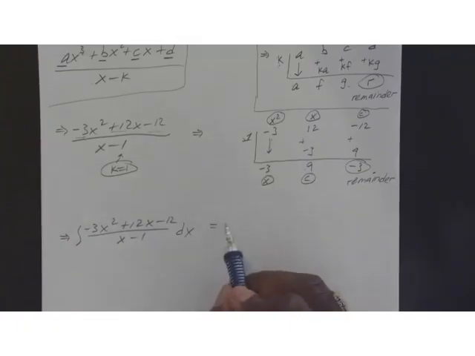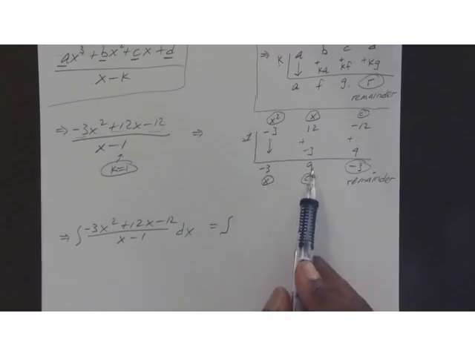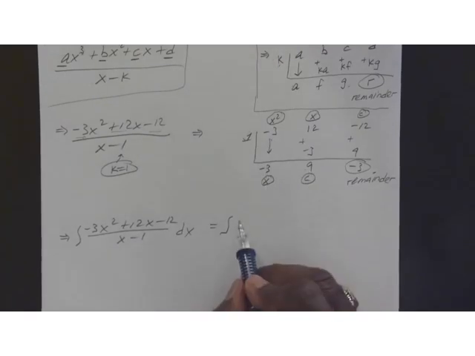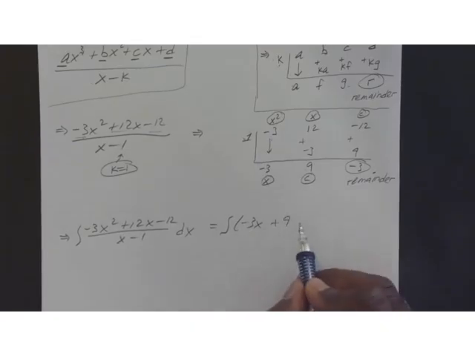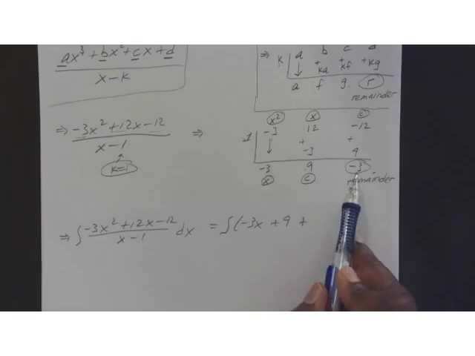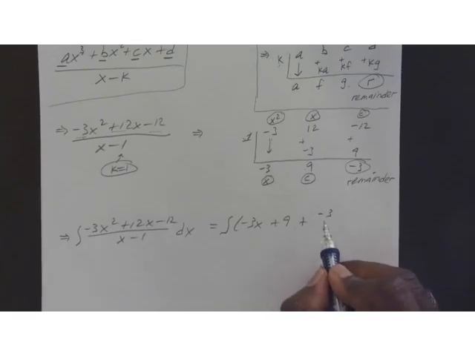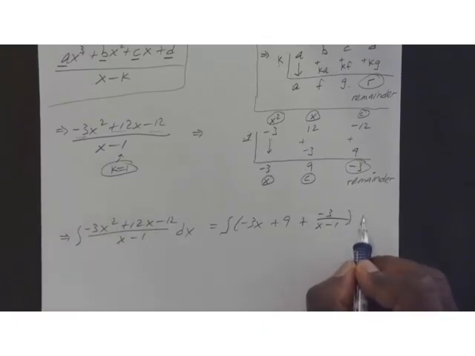We can rewrite that as the integral of negative 3x plus 9 plus the remainder, you can put minus if you want to, but I'll say plus the remainder of negative 3 out of x minus 1 with respect to x.